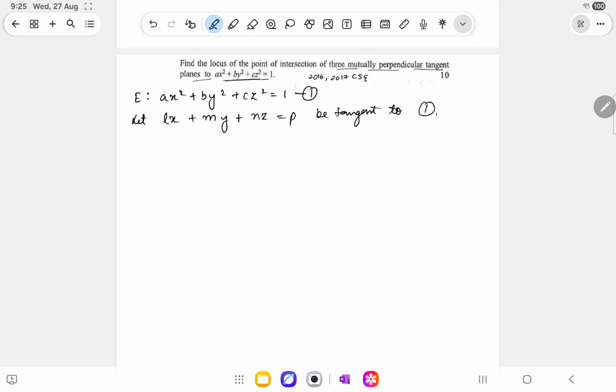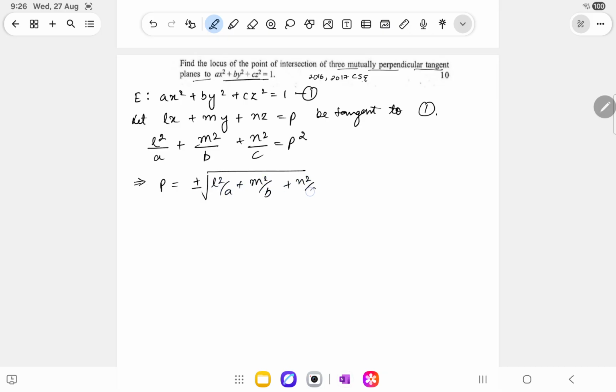So if this is tangent, then using the tangency condition, I'll get l square by a plus m square by b plus n square by c is equal to p square. And from here I can find the value of p, that will be basically plus minus under root l square by a plus m square by b plus n square by c.